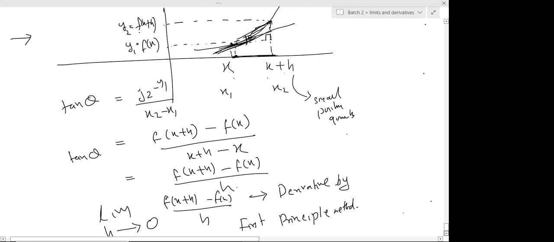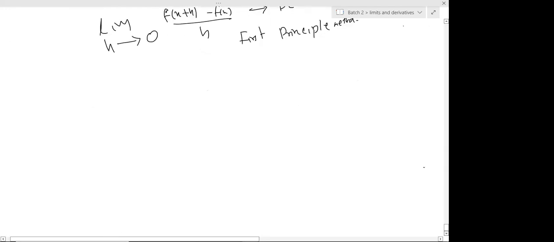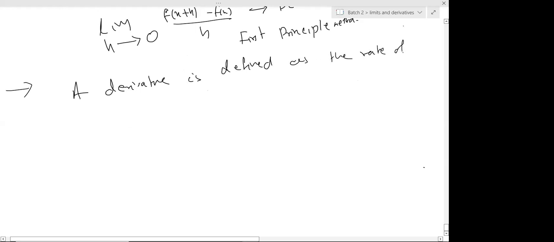All right, write down few definitions. A derivative is defined as the rate of change of function or quantity with respect to others.